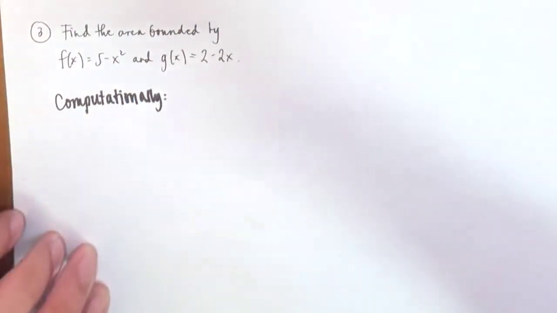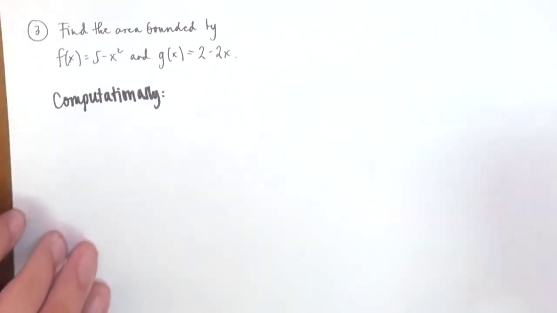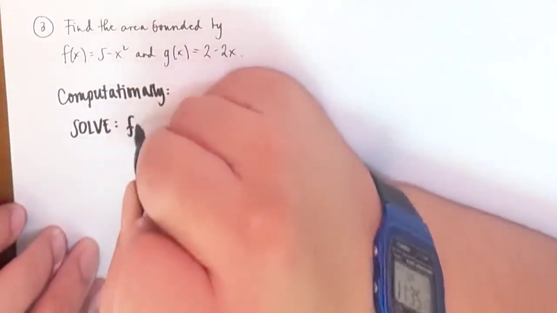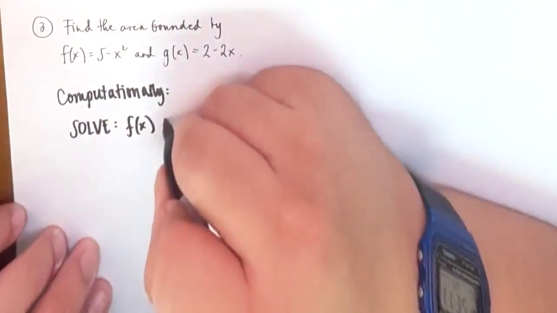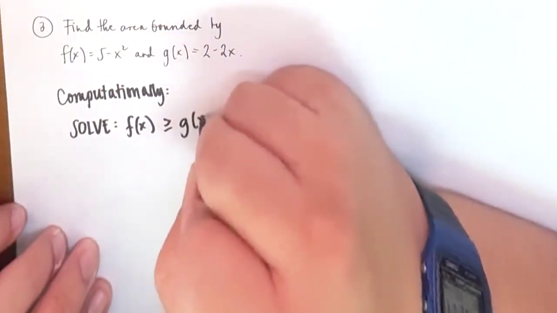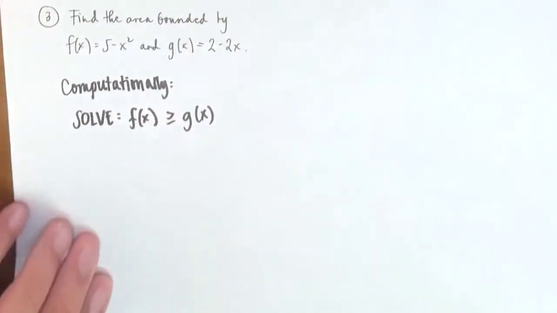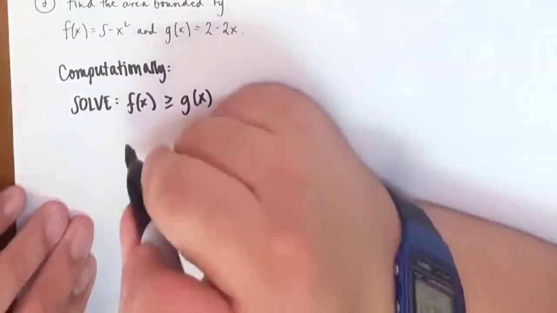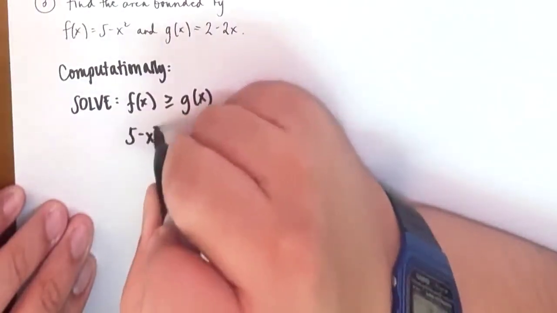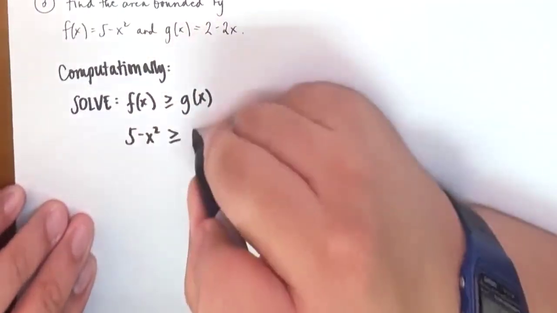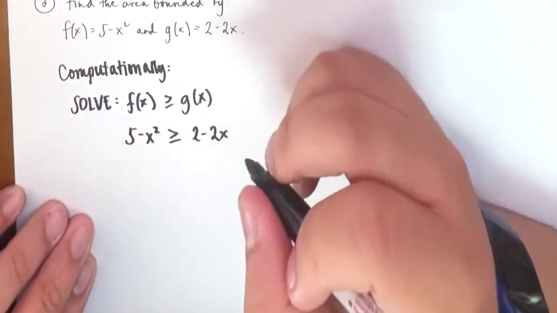We want to find which is the above function and which is the below function. In this particular case, let's try to solve f(x) greater than or equal to g(x). So 5 - x² is greater than or equal to 2 - 2x.